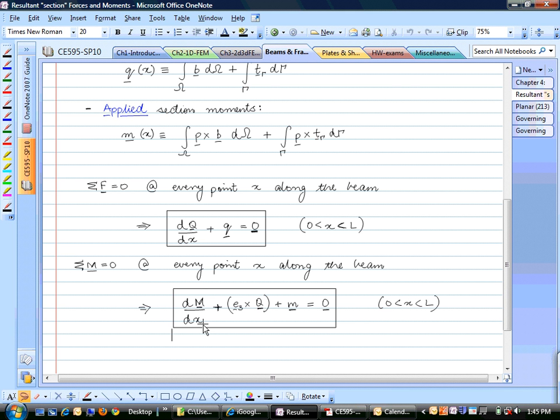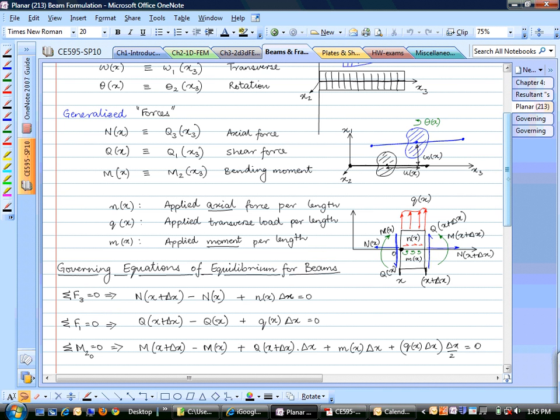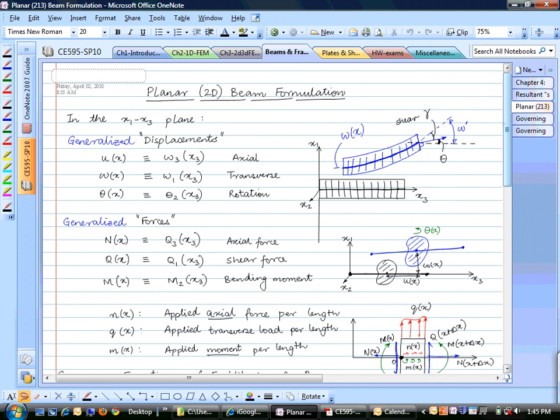So this was how the beam theory assumptions work in 3 dimensions. But if you specialize them to 2 dimensions, let's take a look at what they look like. For this case, we will consider that our beam is going to deform only in one plane, and we assume there is no deformation in x2.